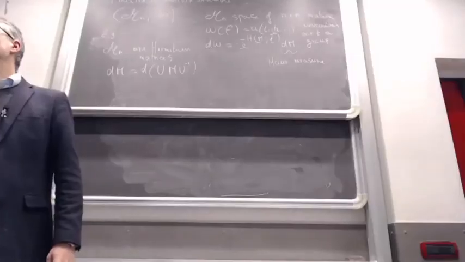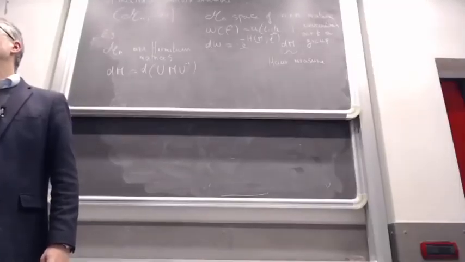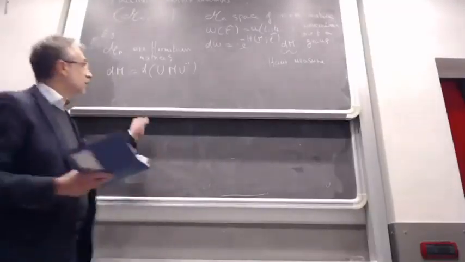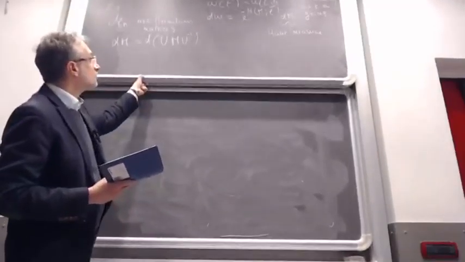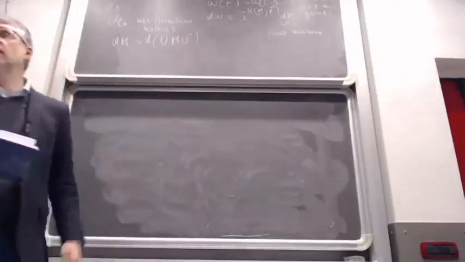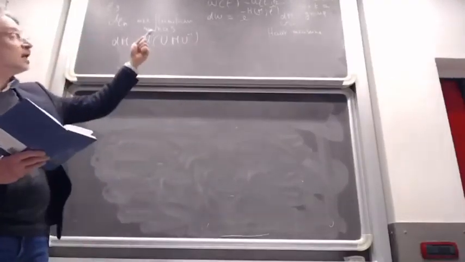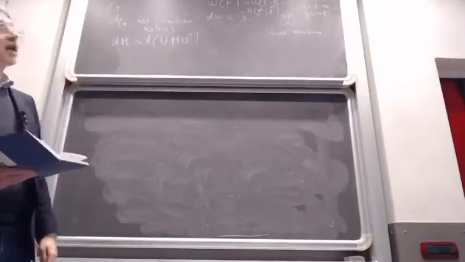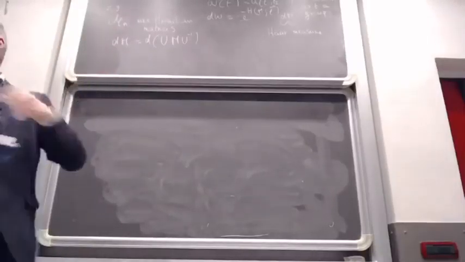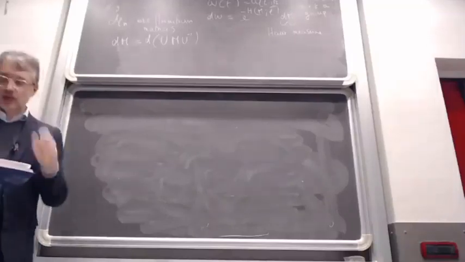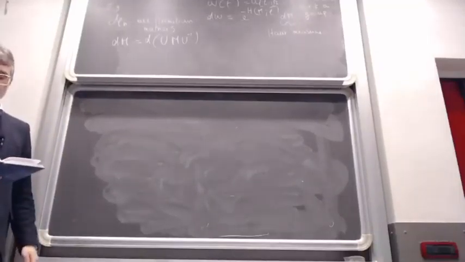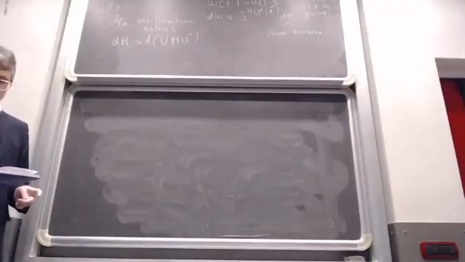The main focus will be dm, which will turn out to be the Lebesgue measure on the space of matrices, and the particular form of this exponential. That will be crucial in the example I'm going to consider, which is the unitary ensemble.